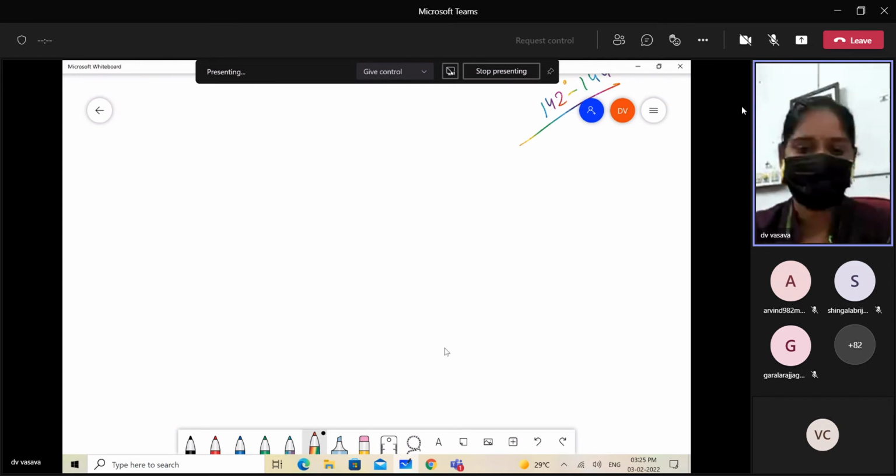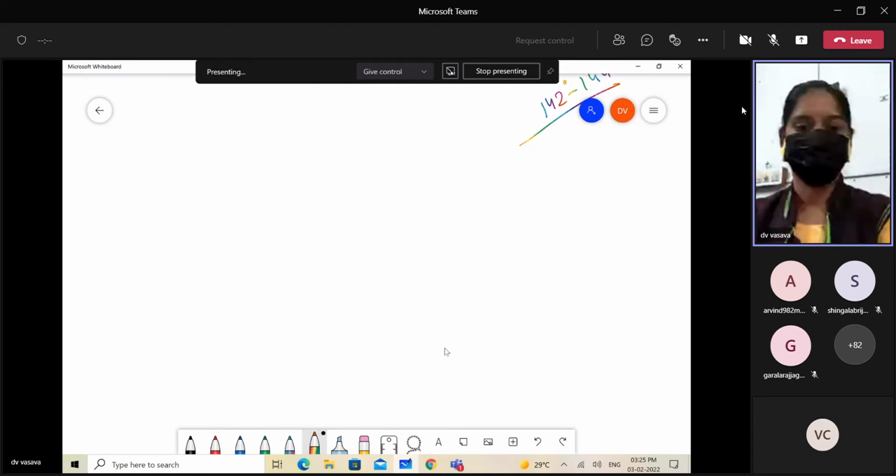So today we are going to see the third practical, that is the preparation of aspirin. And the aspirin we will prepare from salicylic acid.